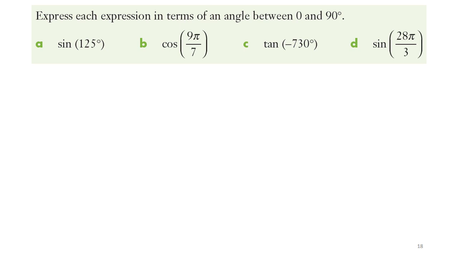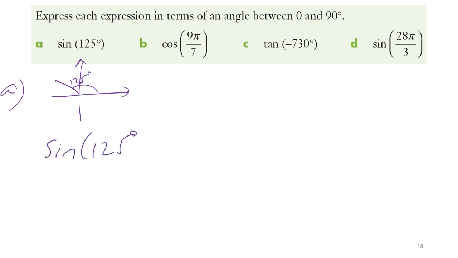So 125 degrees would be around there. That's 125 degrees, greater than 90, less than 180. So I'm working on question A. What would you do? You want to express it in terms of 180. So 125 degrees is the same as sine of 180 take away 55.